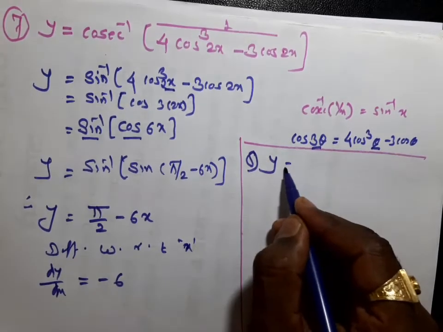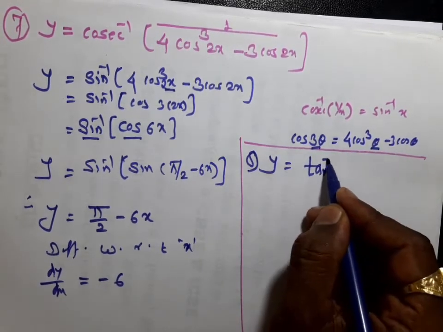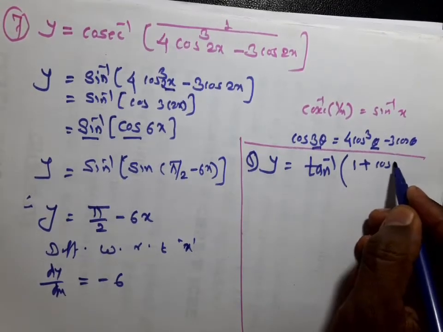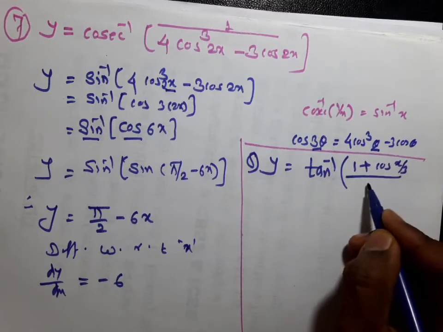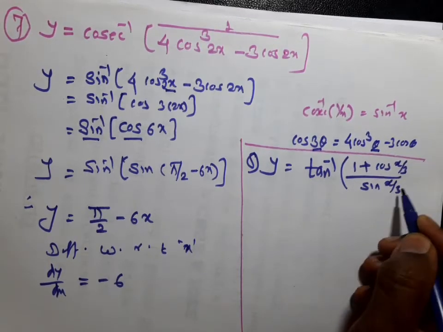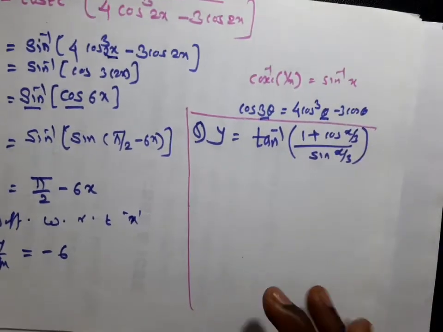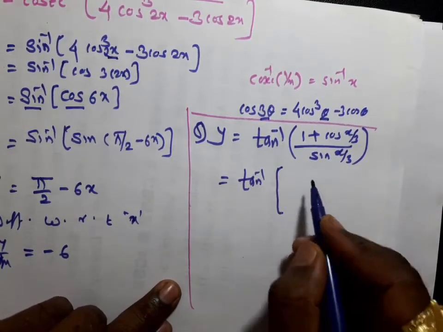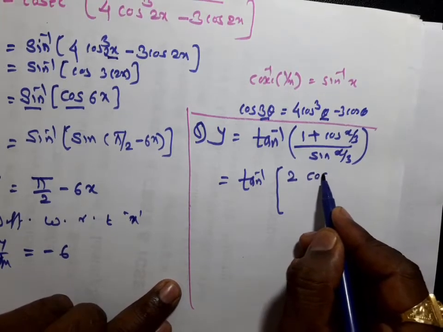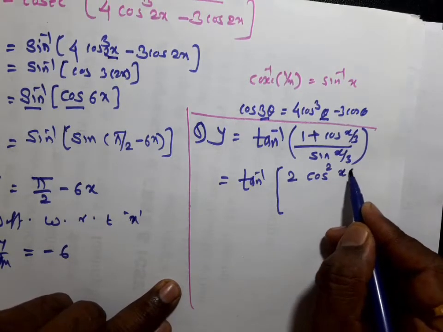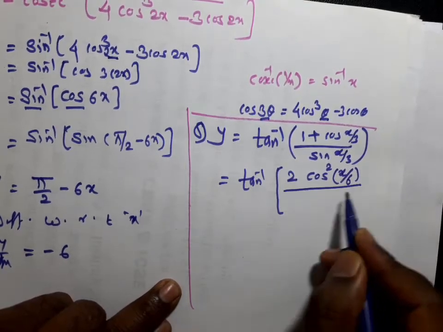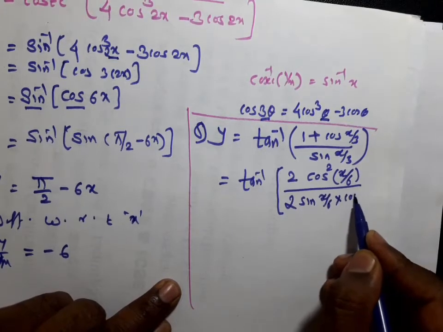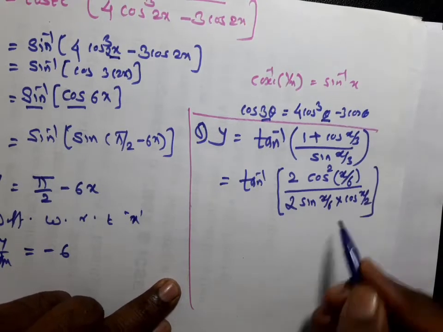Next, y is equal to tan inverse of (1 plus cos x by 3) upon sin x by 3. So here we are going to use formula. This will be 2 cos square x by 6, and this is 2 sin x by 6 into cos x by 6.